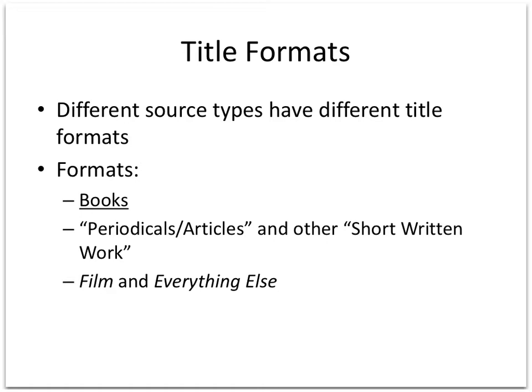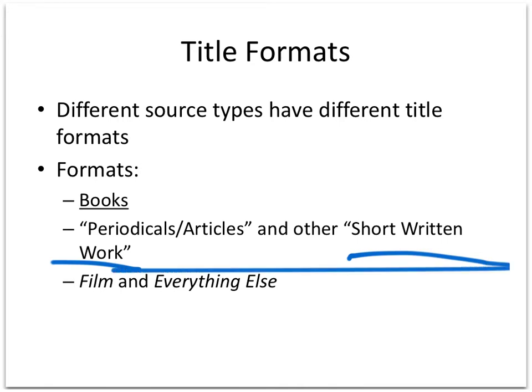Any other kind of short written work will use quotation marks. An easy thing to remember with italicization is that film and just about everything else, with a few exceptions that we don't need to worry about right now, will be italicized.